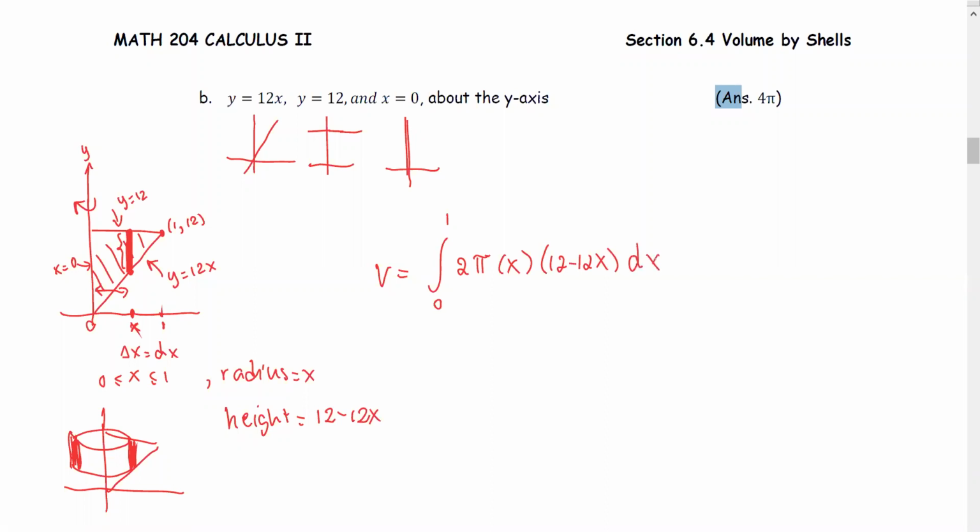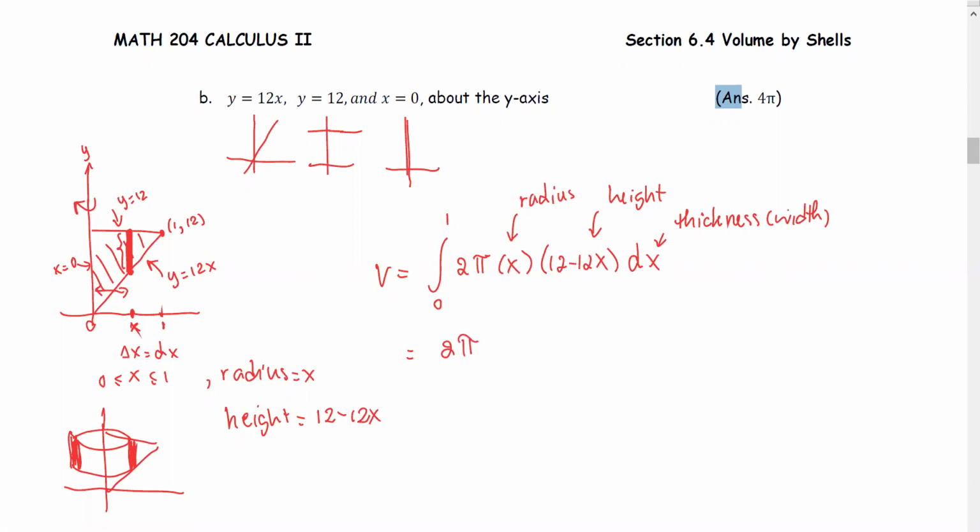And the thickness is dx. I'm going to put a note here. The radius is x. The height is 12 minus 12x. And the thickness, or the width, is dx. We're done setting up.